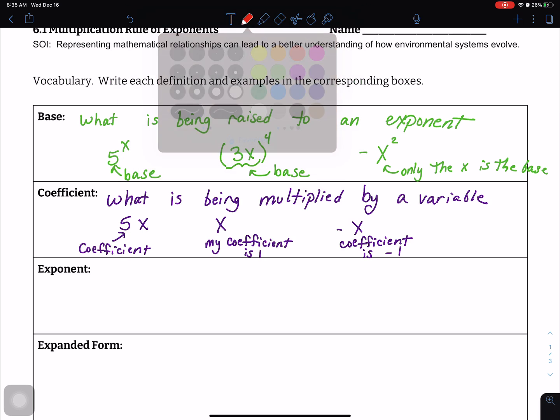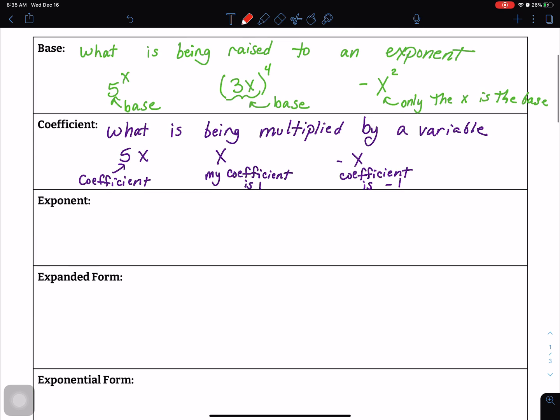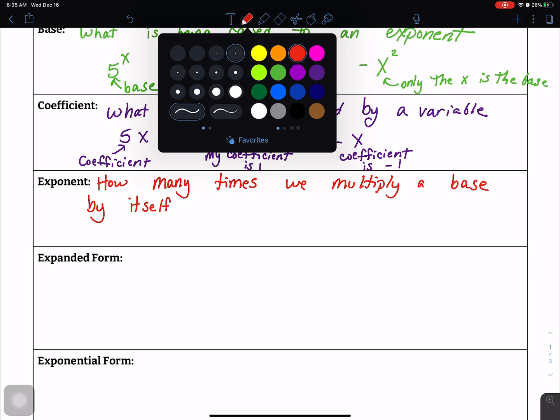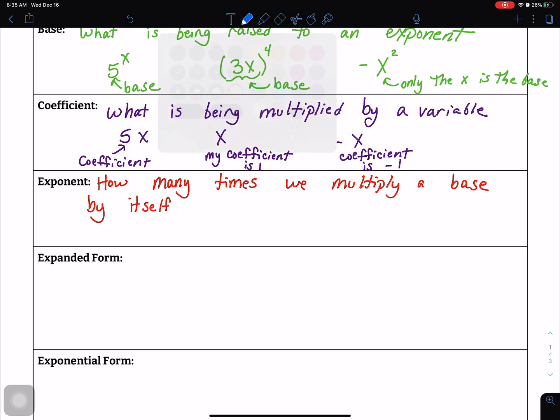An exponent tells us how many times we multiply a base by itself. I'm going to explain that a little bit more in the expanded form because they go together, because that's typically what we would do.